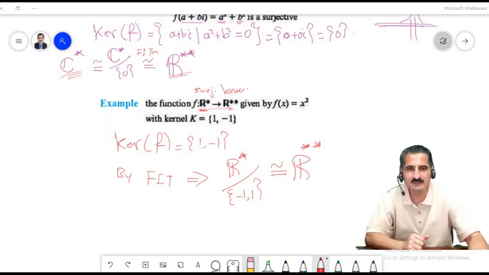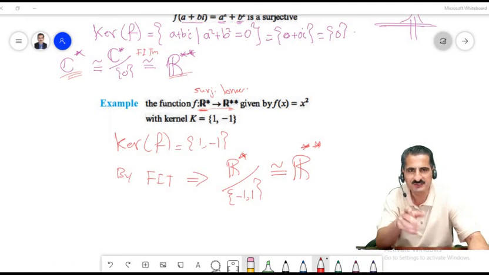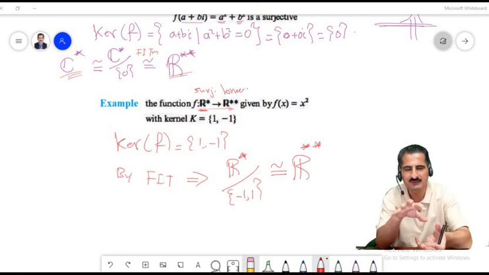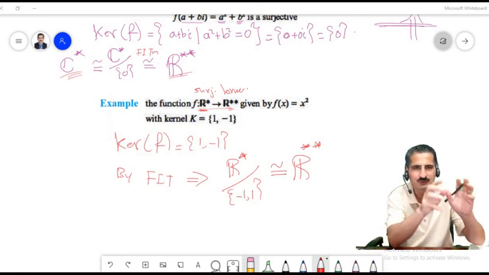So again, if we have a surjective homomorphism, take the domain and make a factor group of it over the kernel. That will give us a group isomorphic to the group in the image.